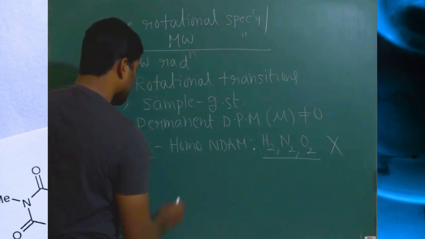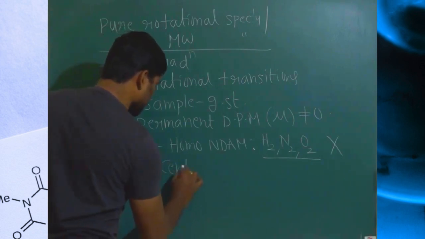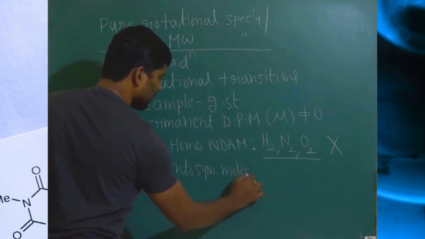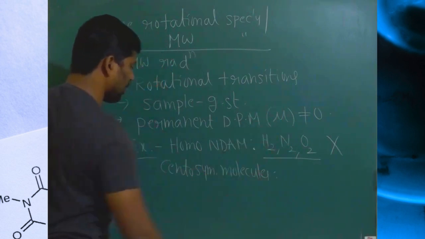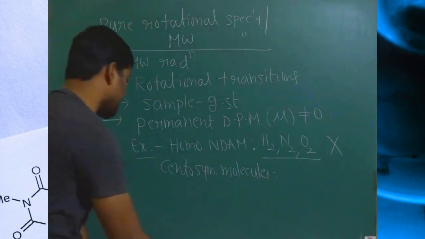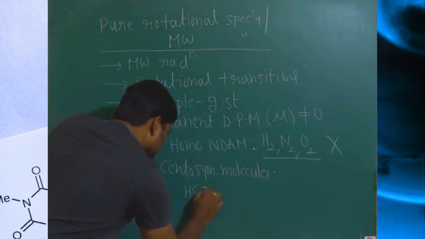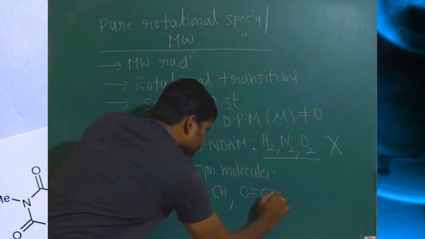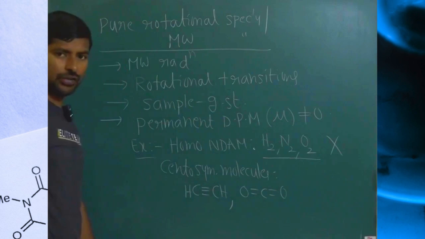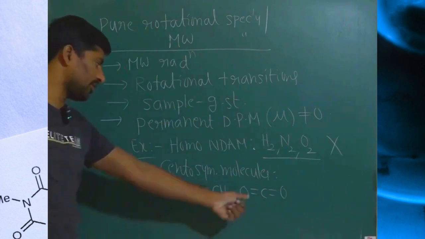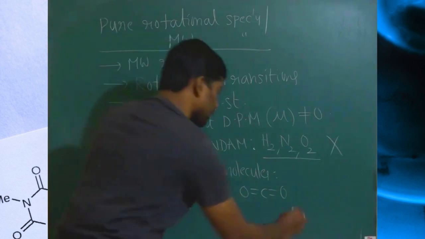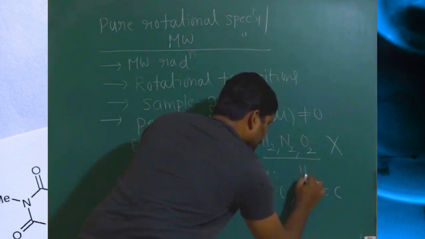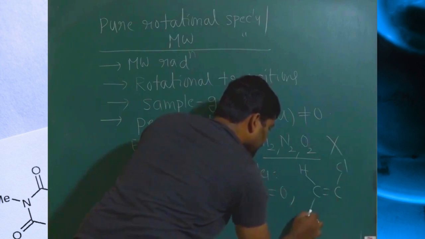Now, if you take centrosymmetric molecules, the molecules having a center of inversion, for example acetylene. Does it possess a center of inversion or not? Yes. CO2, centrosymmetric linear molecules, for example trans 1,2-dichloroethylene.